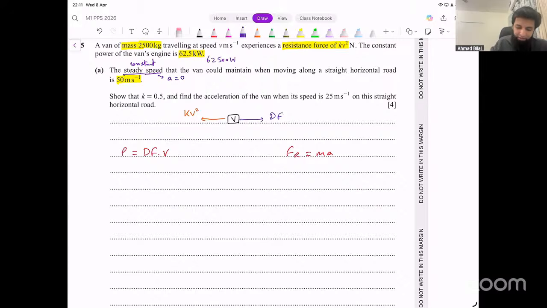Power is 62,500. Let's put that here. Driving force, we don't know what that is for now. Velocity is 25. Okay, we can find the value of driving force from this. Driving force is 62,500 divided by 25.